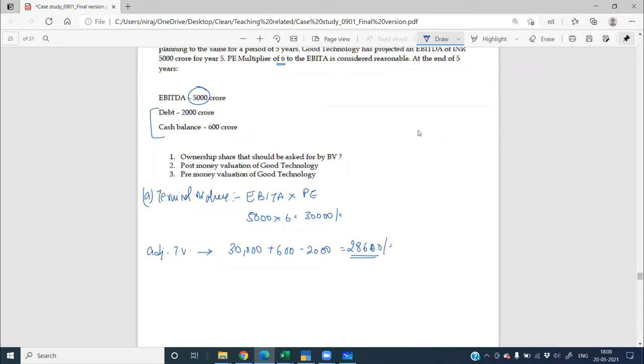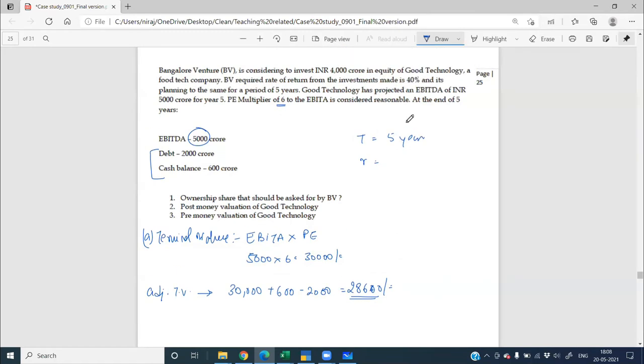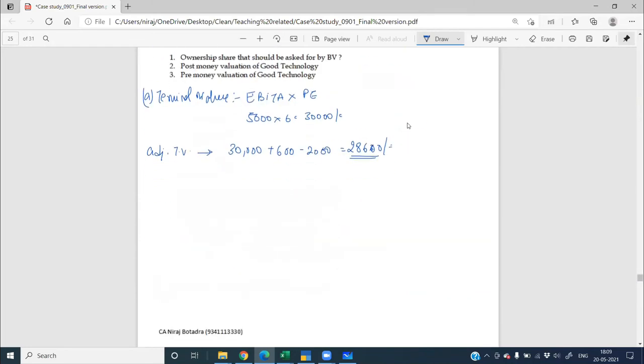The time period that has been given to me is 5 years, and the investor's expected rate of return has been given to me as 40%. So if I have to calculate the post money valuation, how will I do it? My post money valuation is the adjusted terminal value divided by 1 plus r raised to the power n.